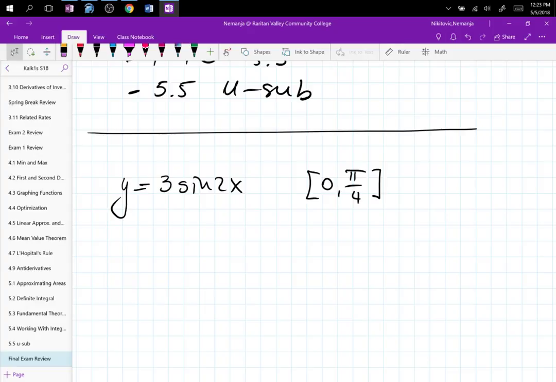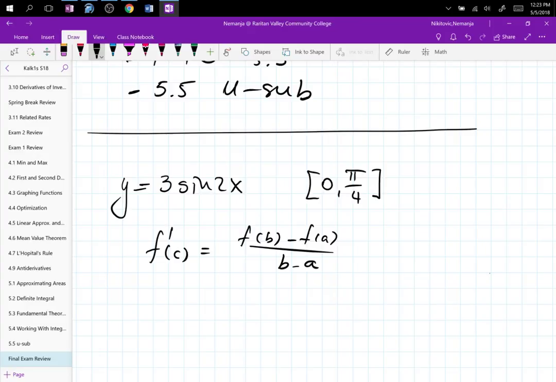Mean value theorem states that if function is continuous and differentiable on interval a to b, you are going to have at least one point c where the average of the function is equal to instantaneous value of the function. So instantaneous value is f prime at c is equal to f of b minus f of a divided by b minus a.